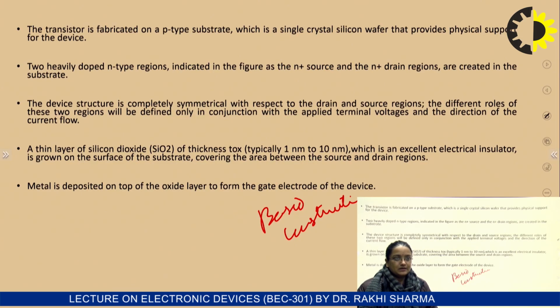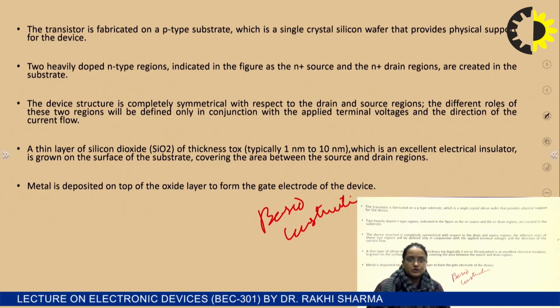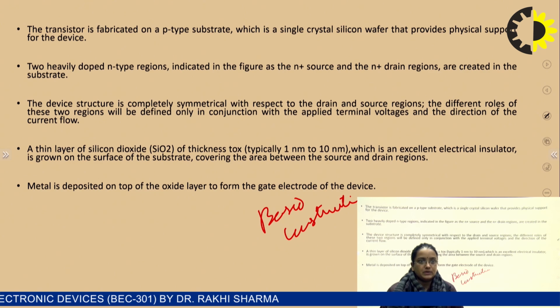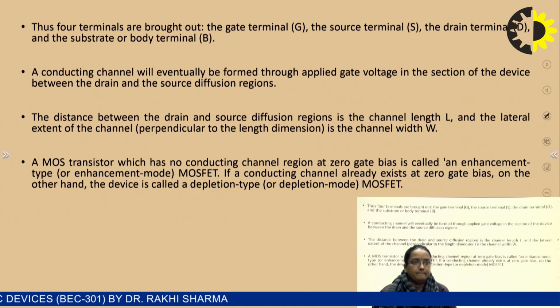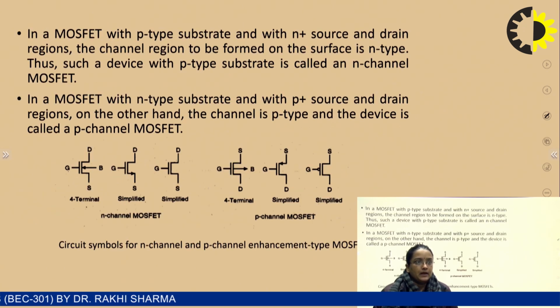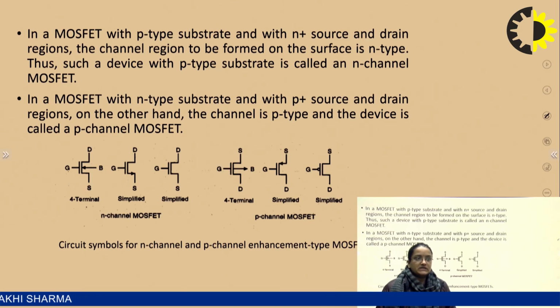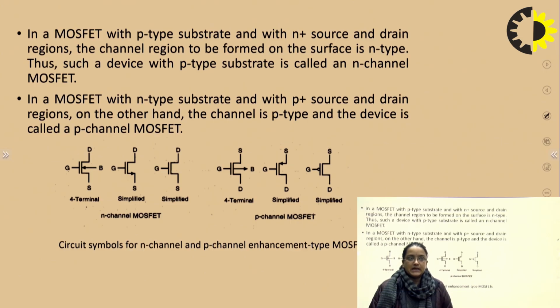This is the basic description of the construction of an N-channel enhancement type MOSFET. In a MOSFET with P-type substrate and with N plus source and drain regions, the channel region to be formed on the surface is N-type, and such a device with P-type substrate and having N-channel is called N-channel enhancement type MOSFET.